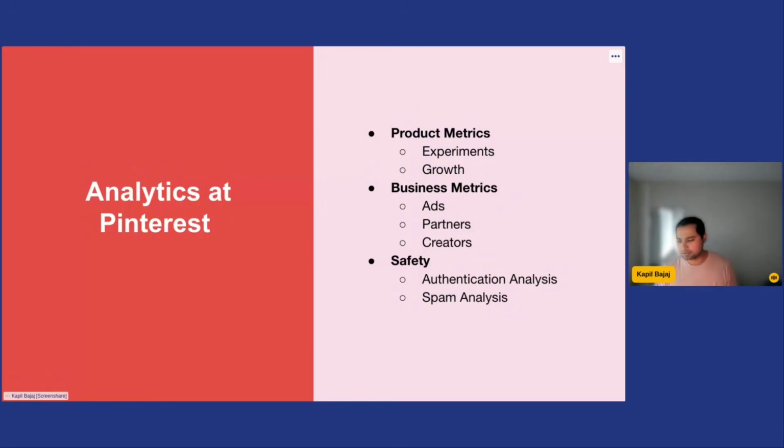And then we also use these tools for doing authentication analysis or spam analysis to just evaluate any security threat or see how the data quality has been going. So for all these kinds of use cases, we have over the years used different options, and I'm going to just go through some of them today.